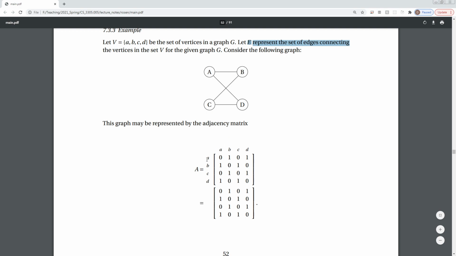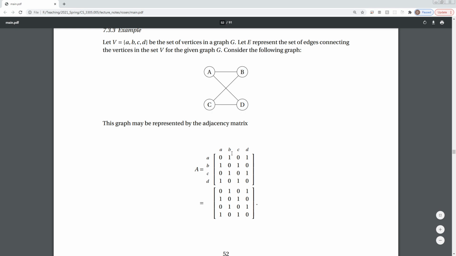Then in the adjacency matrix, there's a 1 if the pair connects. So AA, there's no loop back on A, but A does connect to B, and then symmetrically, B connects to A. B connects to C, so BC.